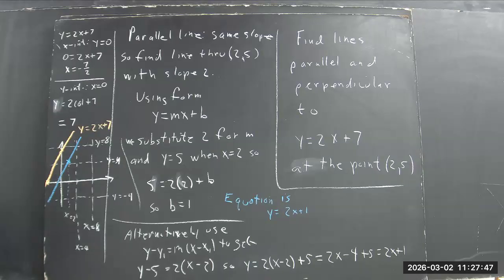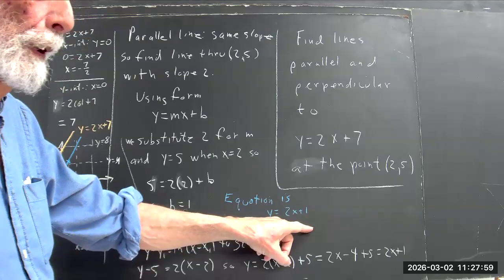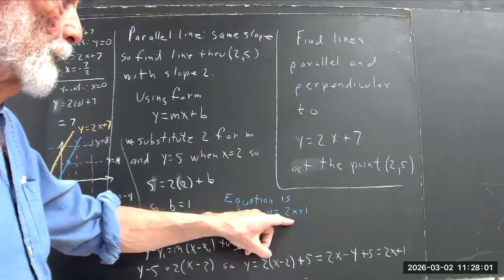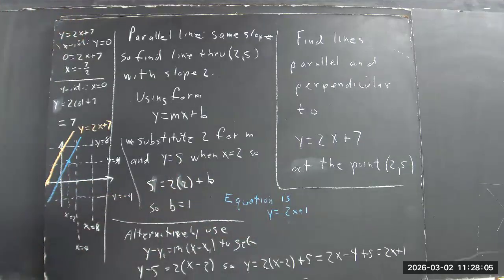Now, that's not a terrible approximation. What's the x-intercept of the line y equals 2x plus 1? Well, you let y equal 0 and you solve it and you get -1/2. And I estimated -1 here.